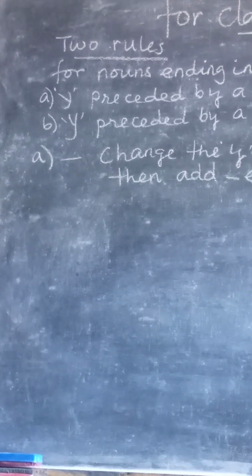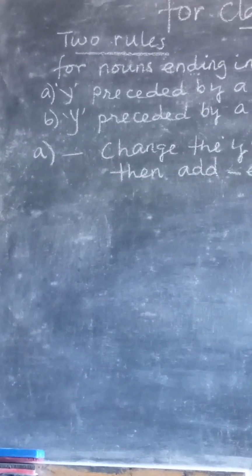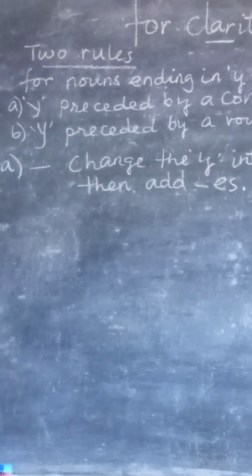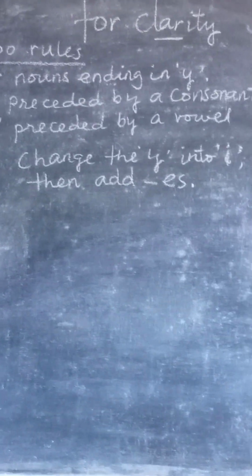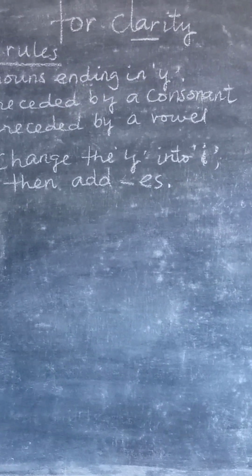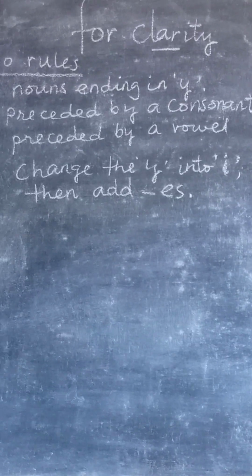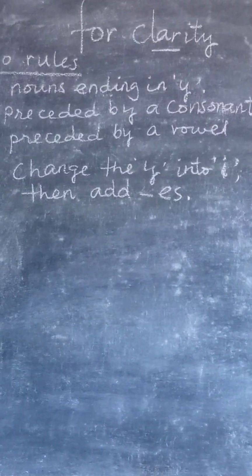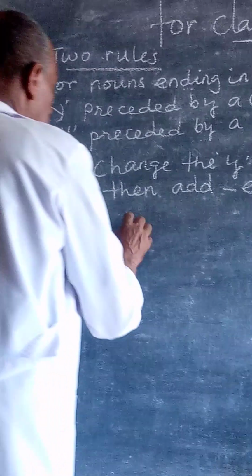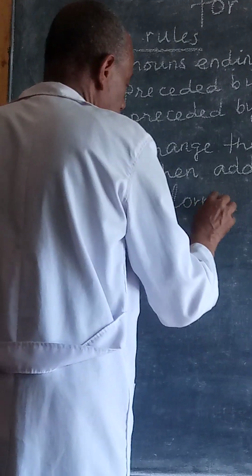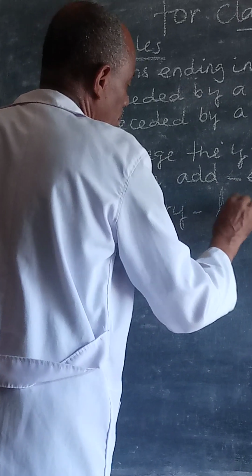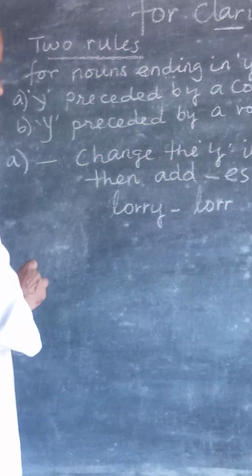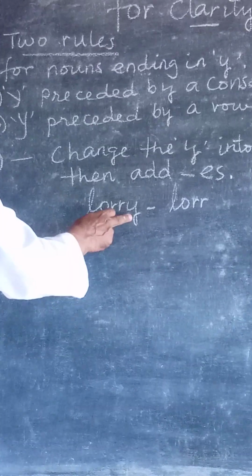Look, there is no rule that says add IES. This is wrong. In grammar, we add S or ES onto the noun to form the plural. For example, if we say lorry, then the plural form, writing it and remaining with Y is wrong.